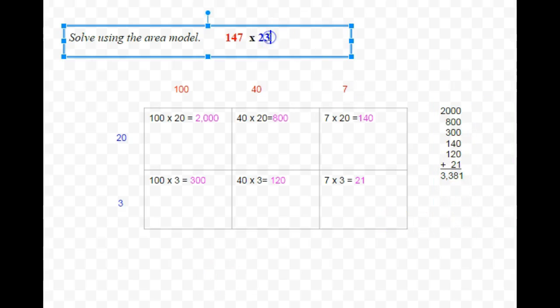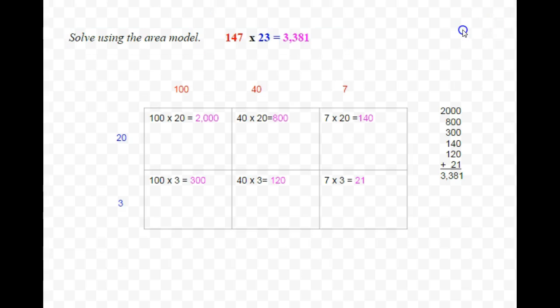So then I can go back up here and say that 147 times 23 equals 3,381, and I have solved this problem using the area model.